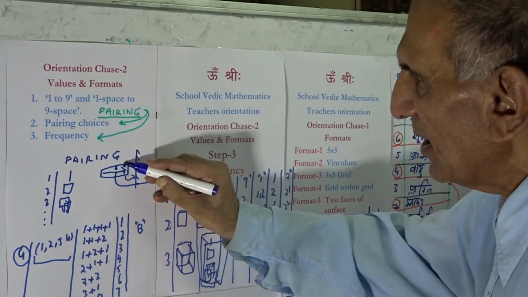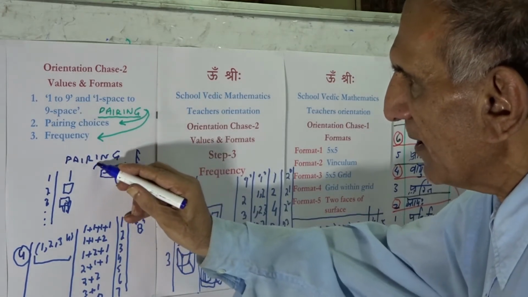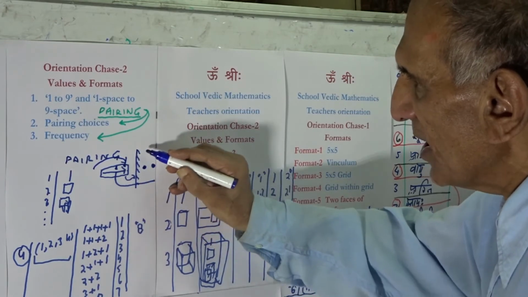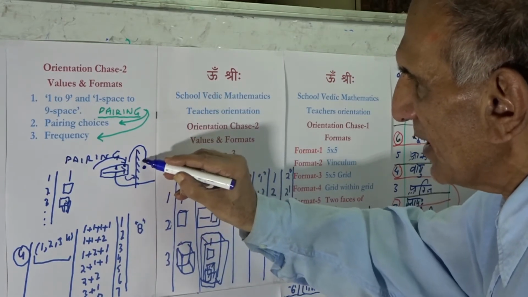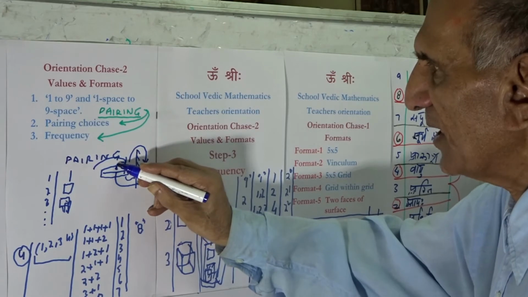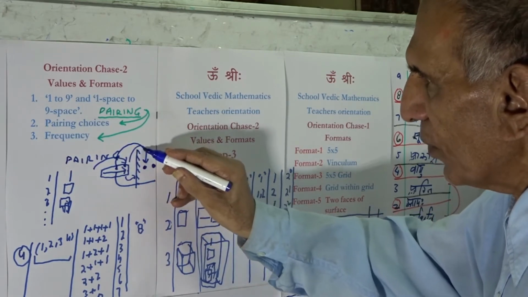That way, if we start from here, we say the last constituent is taken up first, being the nearest to the mirror, and then the next before the last.